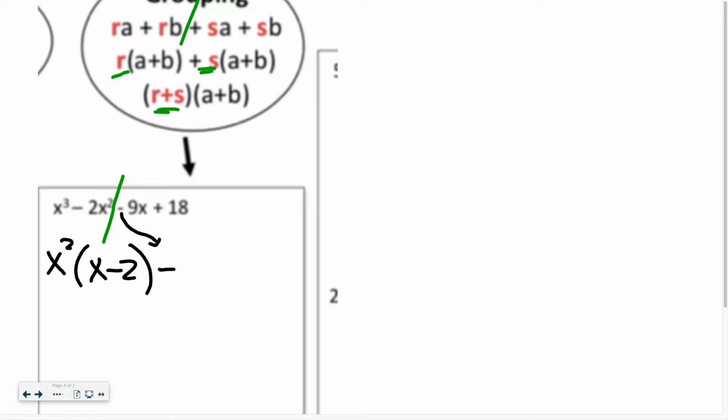Yeah, you can take out a 9. What we're really going to take out of both of them is a -9. Okay, so you're always going to take out this sign, whether it's plus or minus. Okay, and that'll help you. So, what's left over? Well, -9x divided by -9 is now a positive x. And a positive 18 divided by a -9 is a -2.